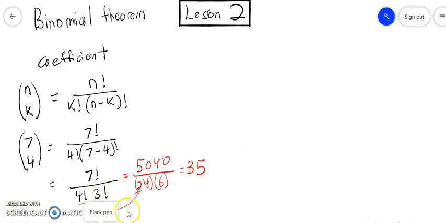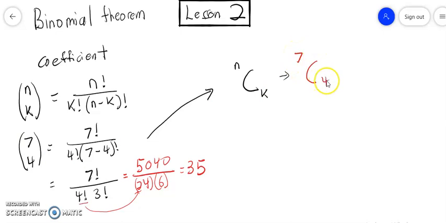Alright, and there is a shorter way compared to this. Normally I advise my students to go through the combinations formula, which is nCk. Following the 7, 4, I'll get 7 C 4, and you can get your answer from your calculator, which will give you 35.